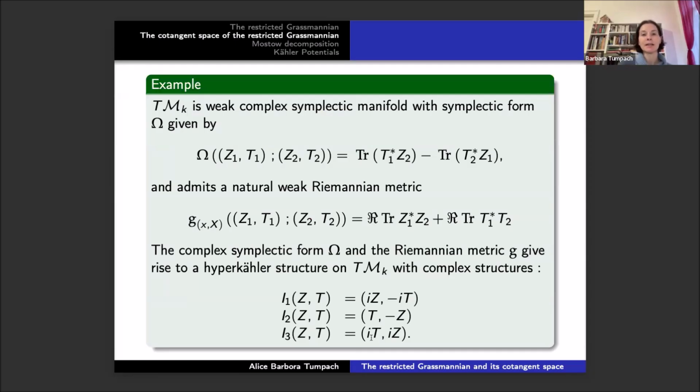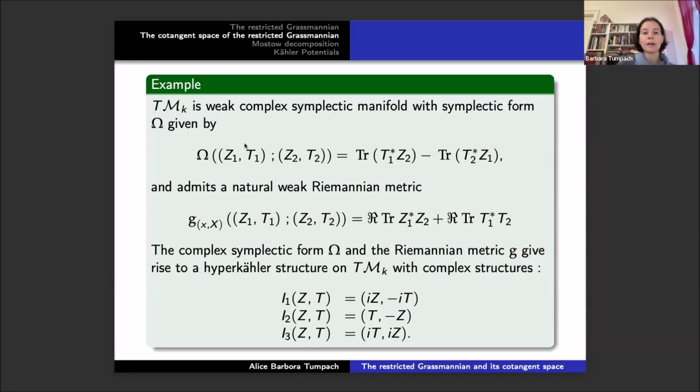So let me go back to the example of MK. MK was a symplectic manifold, but also its tangent space, which we can actually embed into its cotangent space. And on the cotangent space, there is a canonical complex symplectic form, which we pull back on the tangent space, and we end up with this formula.